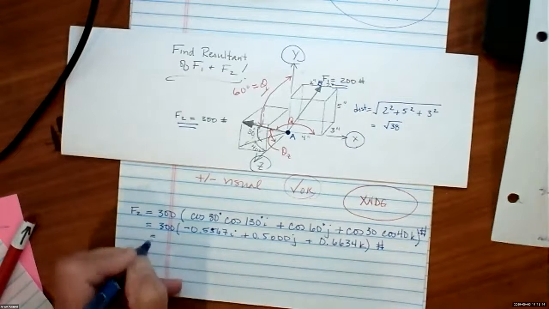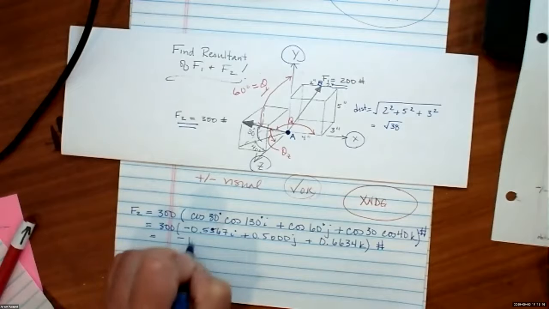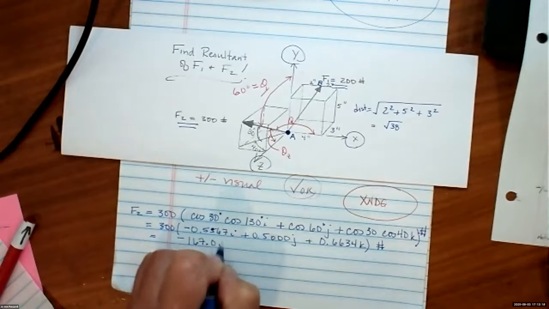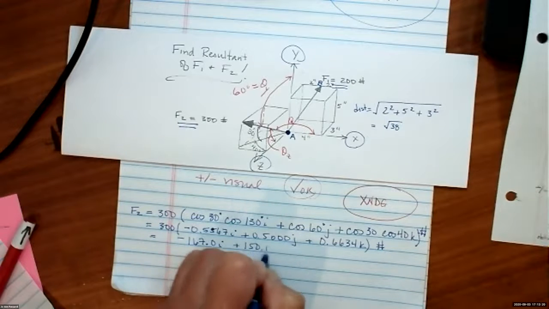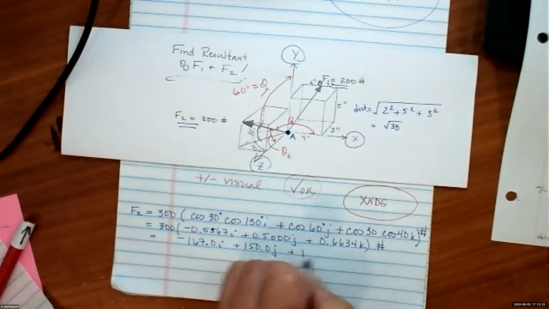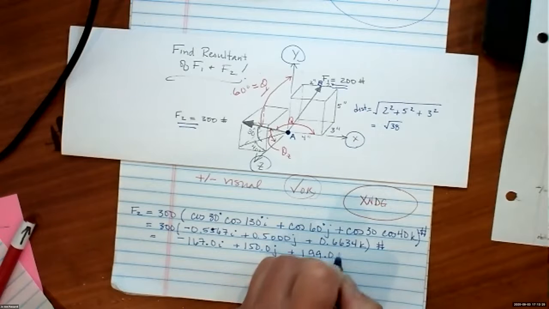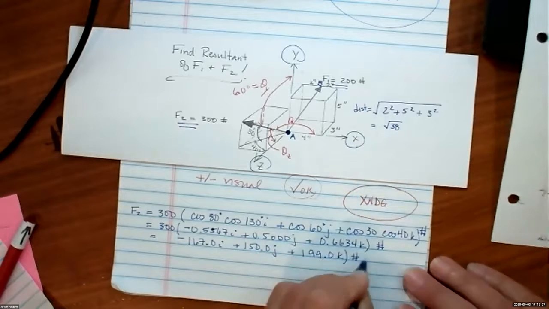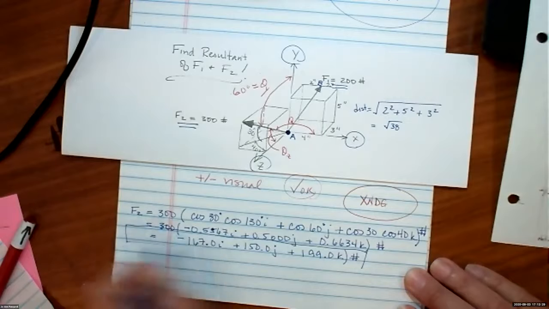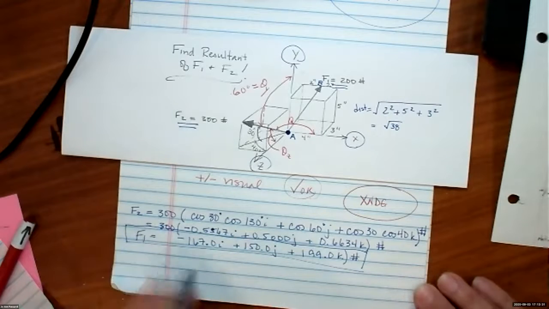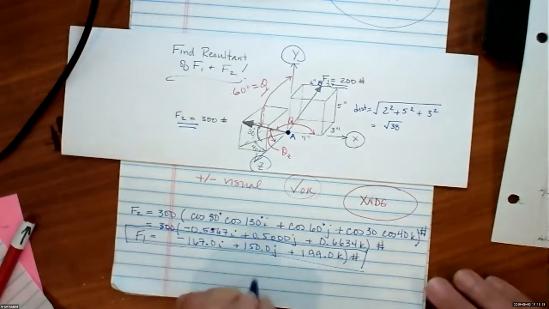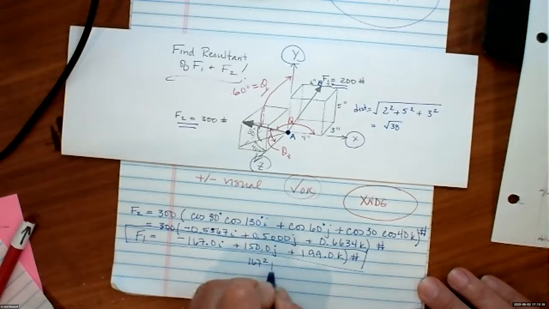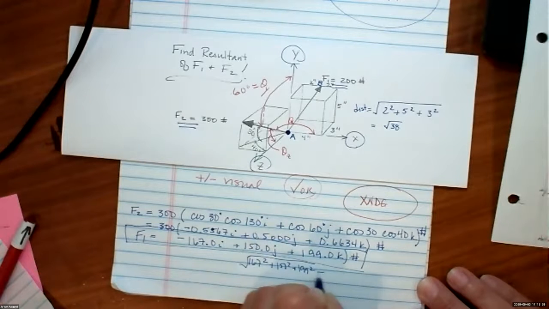And then this comes out to be negative 167.0i plus 150j plus 199.0k pounds. I'm going to box the answer in F1. And then I'm going to do my checks. I'm going to do my magnitude check, 167 squared plus 150 squared plus 199 squared. I already checked it. It came out to 300, so it's okay.